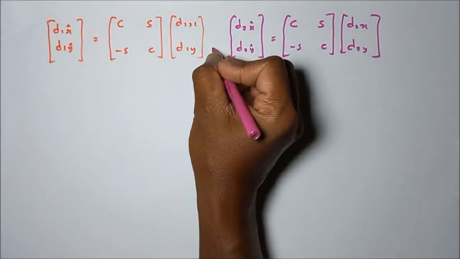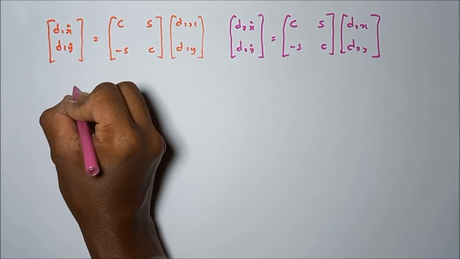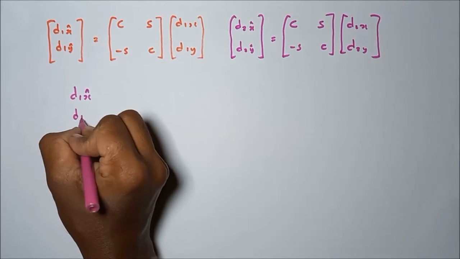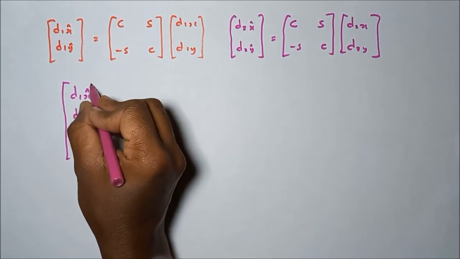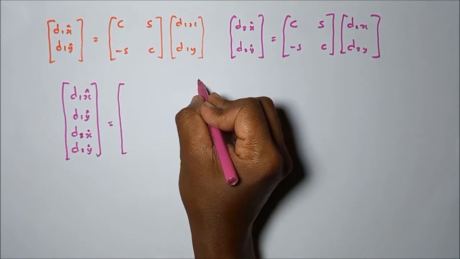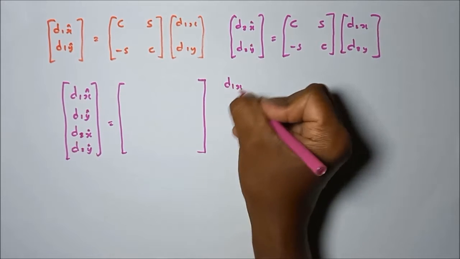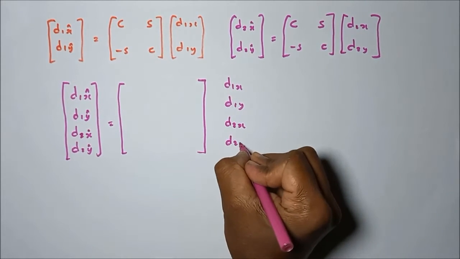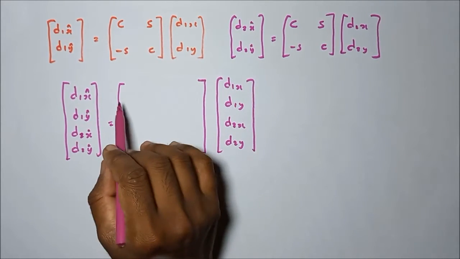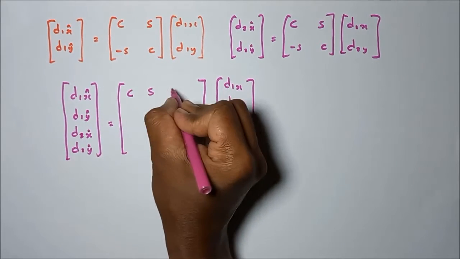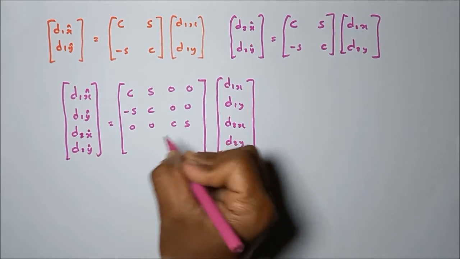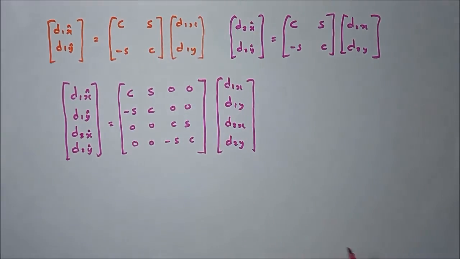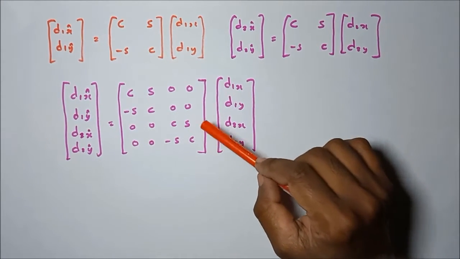Combining these two matrix equations in a single equation, we get d1x hat, d1y hat, d2x hat, d2y hat equal to the matrix CS00, minus SC00, 00CS, 00 minus SC, times d1x, d1y, d2x, d2y. This is for the nodal displacements.